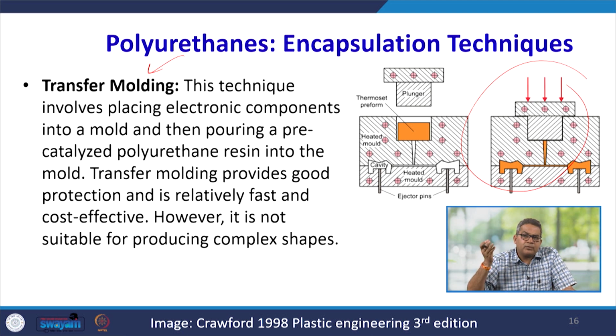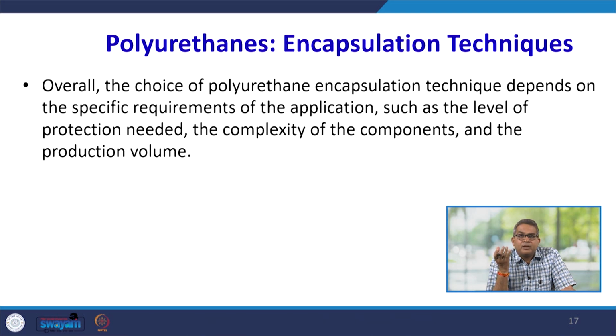It is not suitable for producing complex shapes because the molds and other things are very sensitive. So the overall choice of polyurethane encapsulation technique depends on the specific requirements of the application, like the level of protection you require, the complexity and shape of the component, and how much production volume is needed.